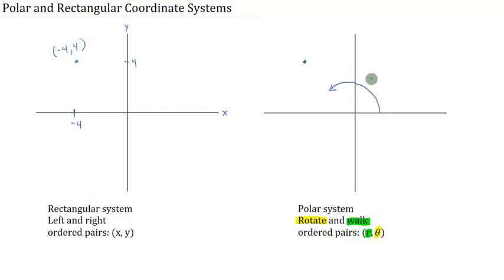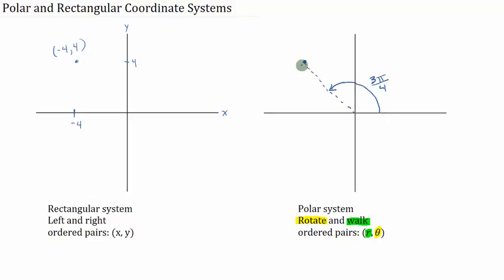So in this case, your angle is, let's say, 3 pi over 4. I won't talk about how I got that here. That's in a separate video where I'll talk about converting between these two types of coordinate systems. So now I'm at least facing this point. Now all I have to do is walk to it. Okay, so then I have to determine how far away is this point for me to walk to. So I rotate and I walk.